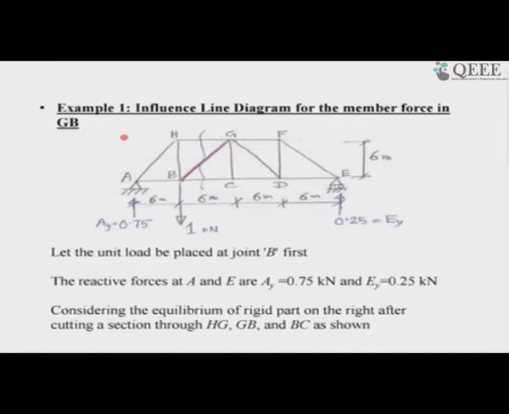Suppose the unit load is moving at the bottom chord level onto the floor. While it is moving, it will be once here, once here, once here, once here, once here at least, and in between, when it is on the floor, since it is linear, we can easily join the effect from here to here and get the effect when the load is in between.